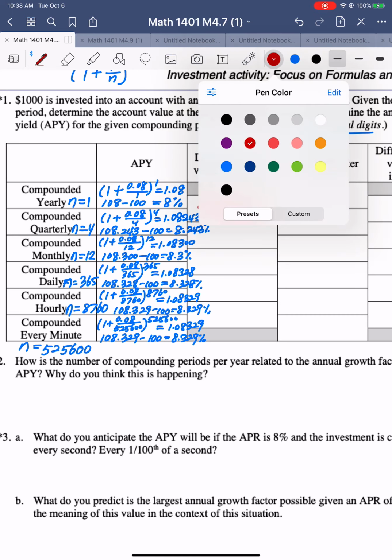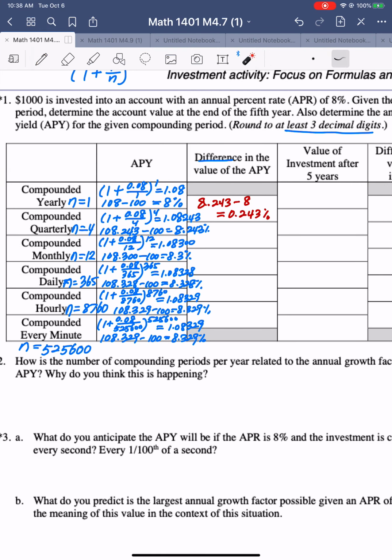Same idea too. Now I'm subtracting 8.243 from 8.3, and I'm getting 0.057%. The next one, I'm subtracting 8.3 from 8.328, and I got 0.028%.